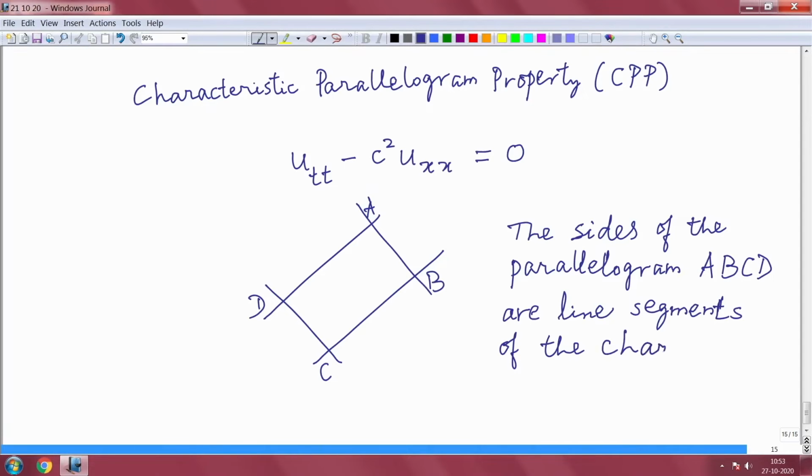So, that is why it is called the characteristic parallelogram.